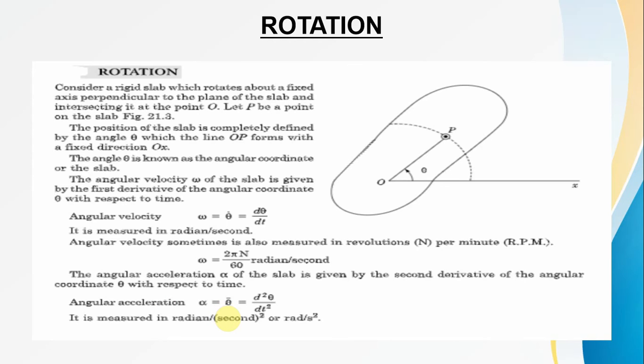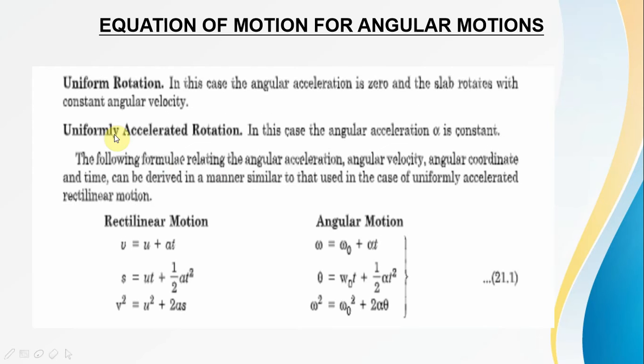Now let's discuss something more on rotation. There are two types of rotation: uniform rotation and uniformly accelerated rotation. This is similar to uniform motion and uniformly accelerated motion, when the motion was linear rather than rotational.